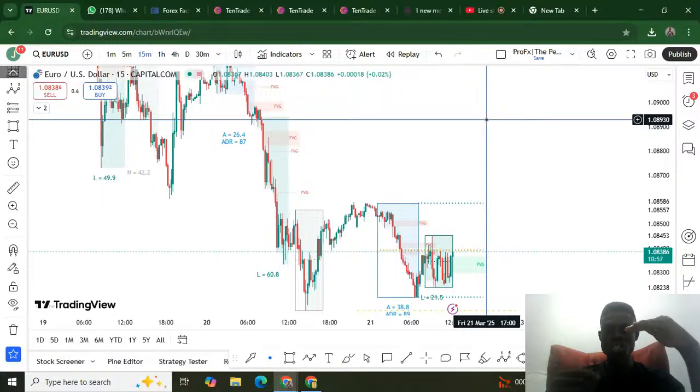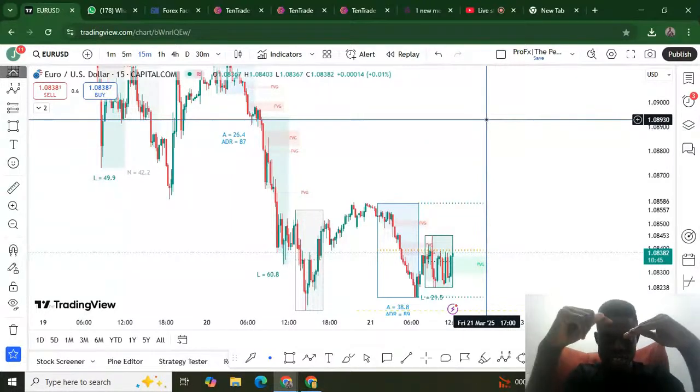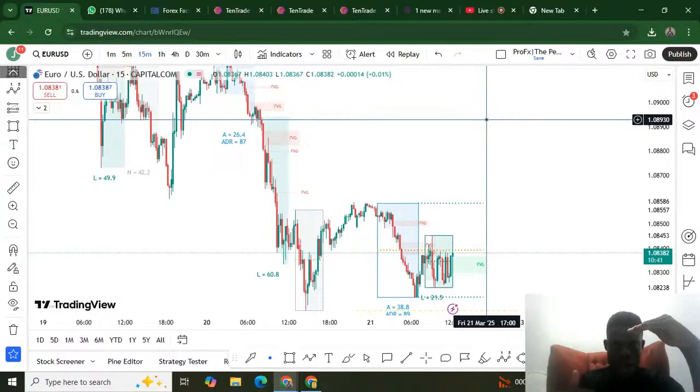The next question is, for the next day, will the price want to close higher than the previous day's price or lower? That means buyers might want to bid price higher than the previous day's price, or sellers might want to bid price lower than the previous day's price. This is the ideology of this concept.